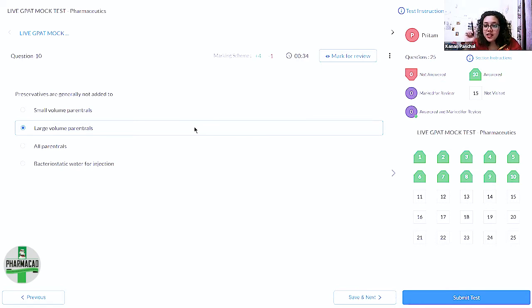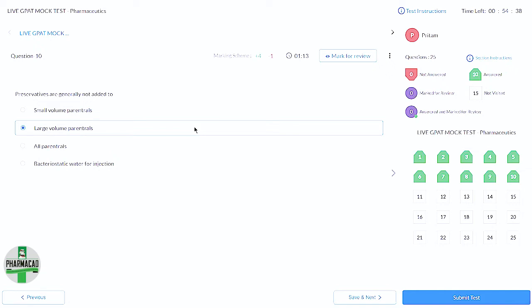Suppose 3.5% or 2.5%, if we say the preservative is 2.5 gram in 100 ml, and your LVP is of 1000 ml suppose, then how much will 2.5 gram become? If you are using a preservative at 2.5% weight by volume, meaning 2.5 gram in 100 ml, but if your LVP is of 1000 ml, then how much preservative will it become at 2.5? 25 gram, right?